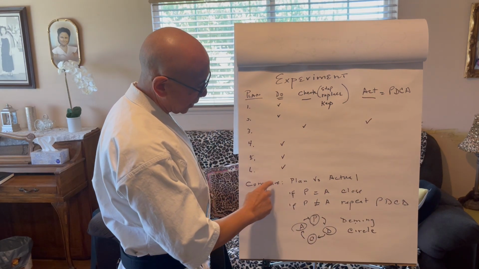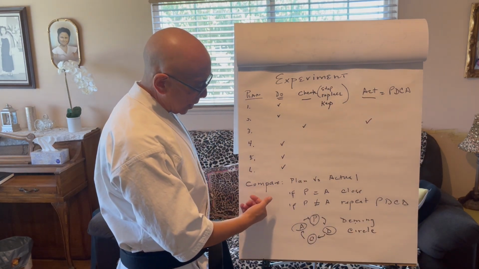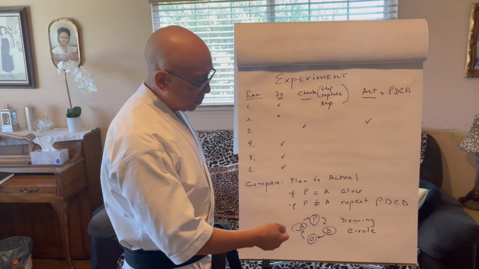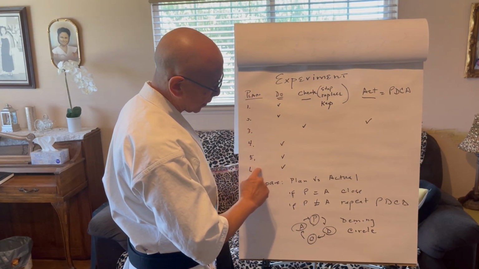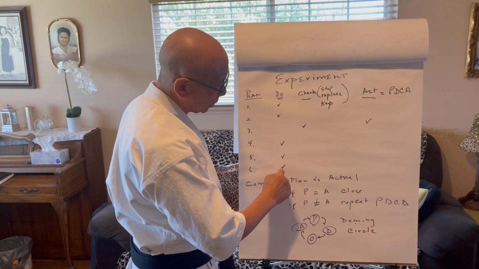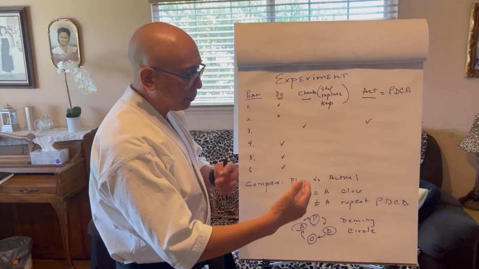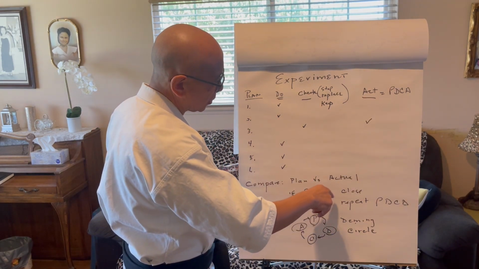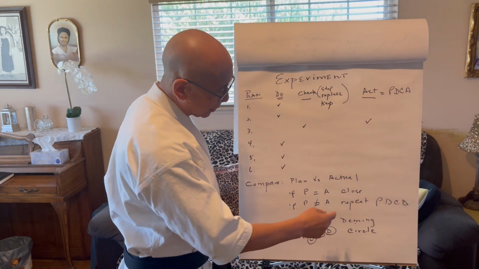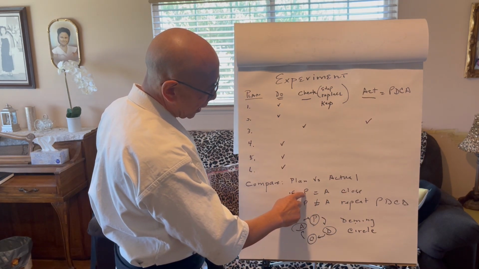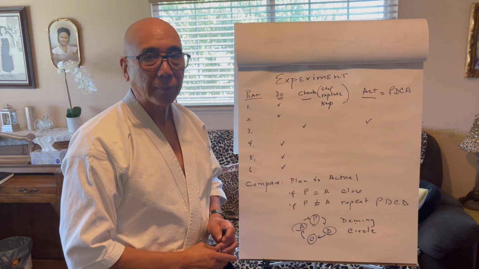And then at the end, you will have a comparison of notes: what you planned and what came out as a result. If they're equal, then you can close your experiment. Close experiments if plan equals actual.